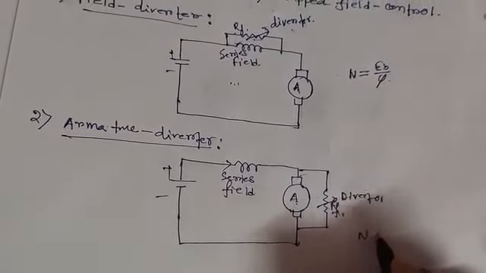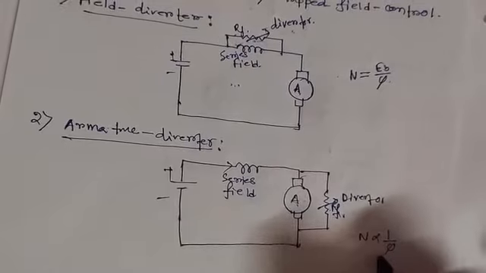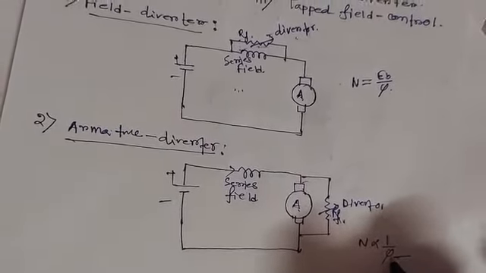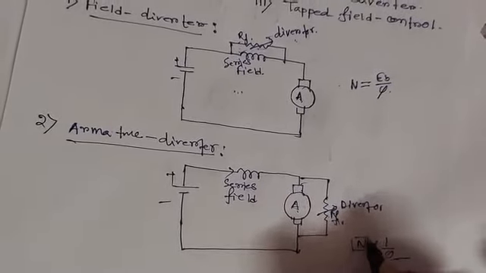We know N is proportional to 1 by phi, so when flux increases, the speed decreases.